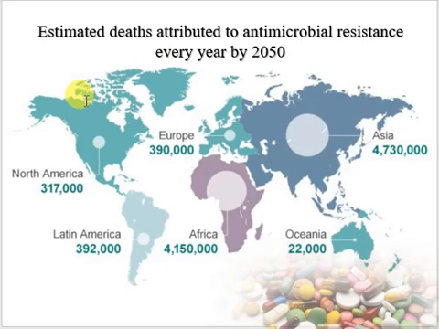arising. And this is a map that's showing the projected estimation of the number of deaths that will be attributed to this suite of antimicrobial resistance on a yearly basis by 2050. Again, you see it's a global issue, extremely high in the mortality numbers.